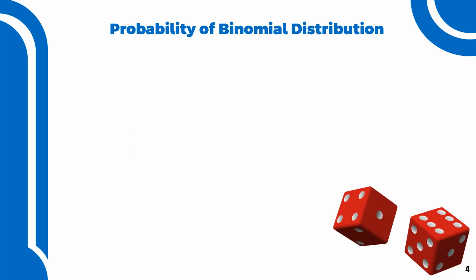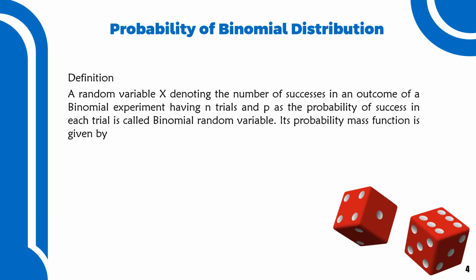In this slide, we are going to see probability of binomial distribution. Definition: a random variable x denoting the number of successes in an outcome of a binomial experiment having n trials and p as the probability of success in each trial is called binomial random variable.